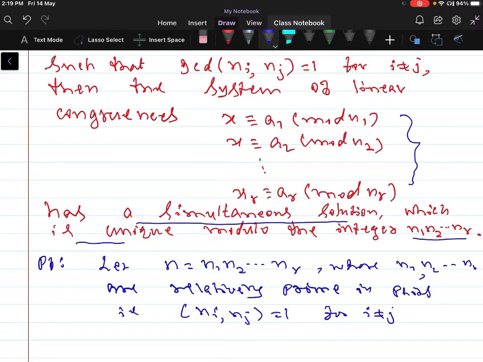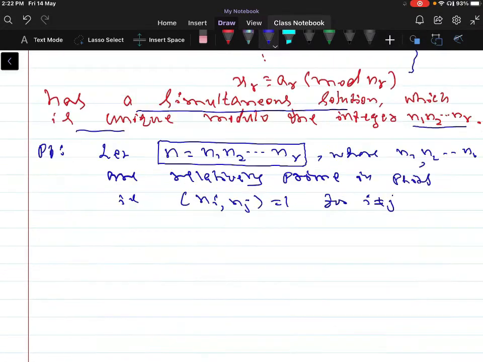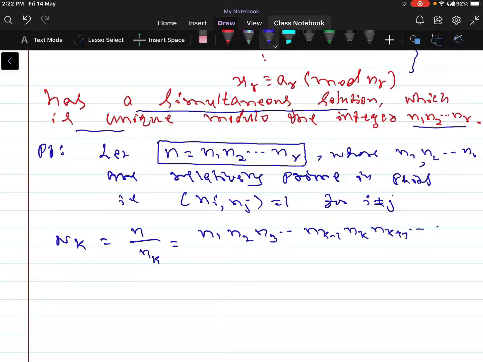But I have taken n is equal to n1 into n2 and so on nr. Let me define Nk is equal to n by small nk, where n we defined as n1 into n2 into n3 and so on, nk minus 1 into nk into nk plus 1 and so on till nr, divided by nk. nk and nk get cancelled here.